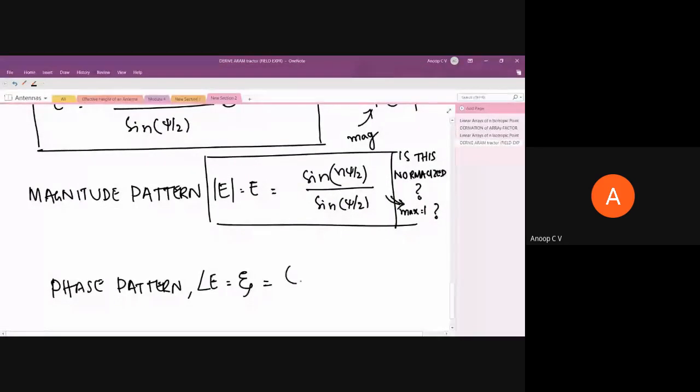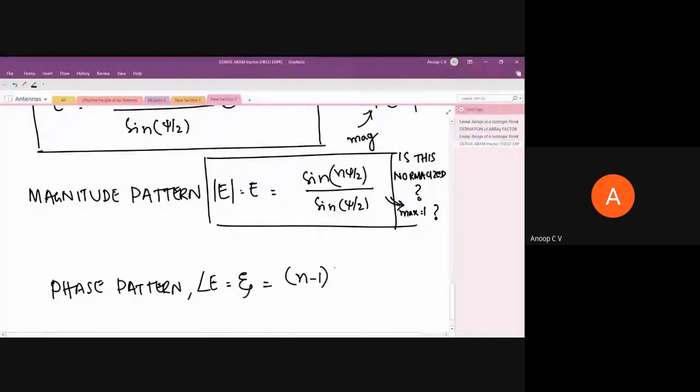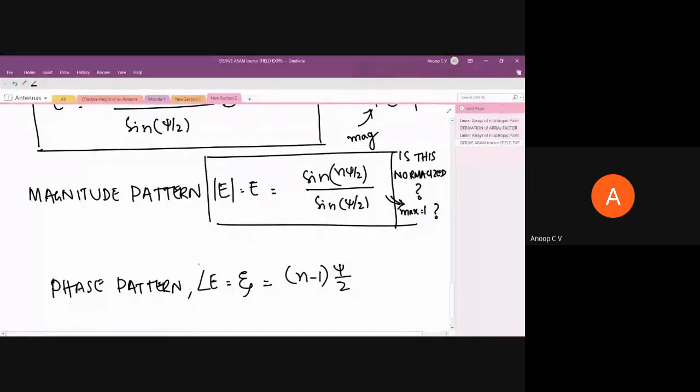That is equal to n minus 1 times psi by 2. That is phase pattern. So this is the field expression for array of n isotropic point sources with equal amplitude and spacing, but with constant progressive phase difference, right? So this is a field expression.